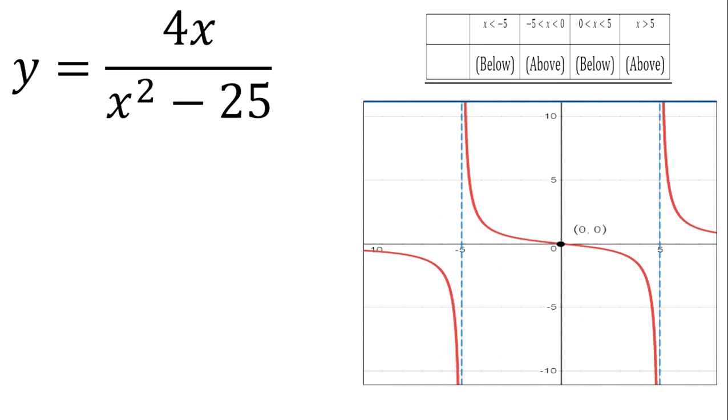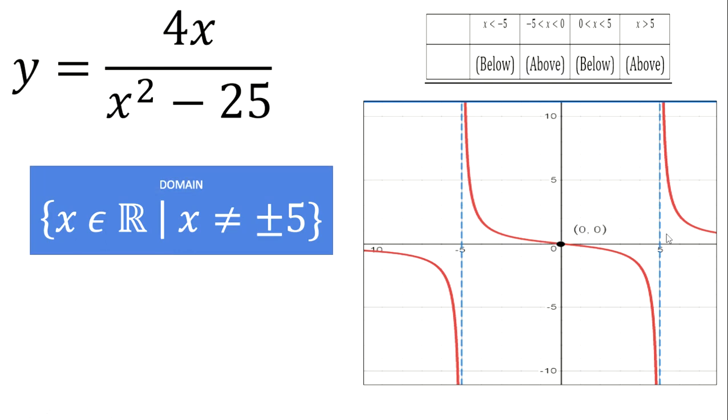So in this case, again, from left to right, there are two values that are not included, which are negative 5 and 5, the vertical asymptotes. While looking from bottom to top, as you can see here, all are included, because we have our intercept here at the origin, 0, 0.